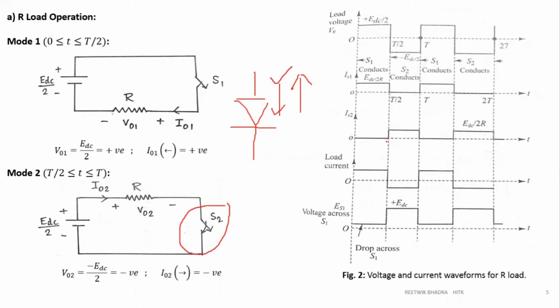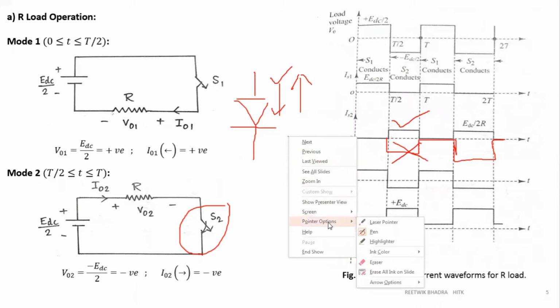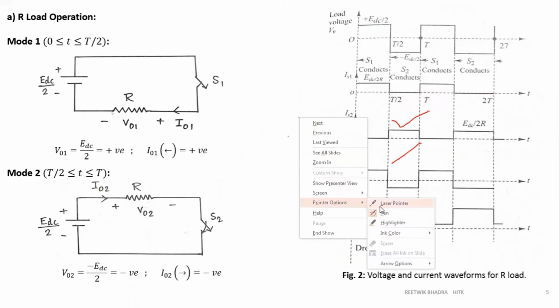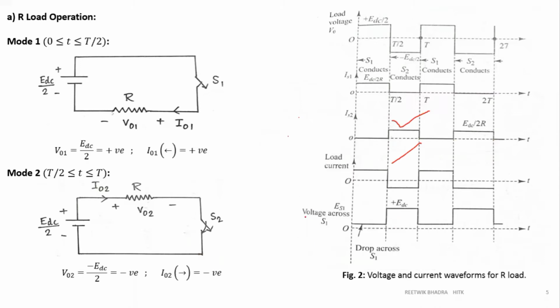So in a switch, you can't represent the current as negative. Negative current can't flow in a switch, so always IS2 should be represented as positive current. That's why it is represented positive over here.